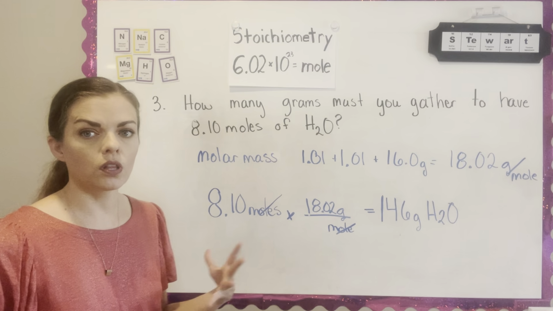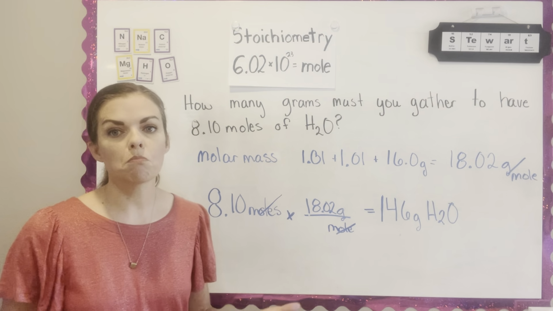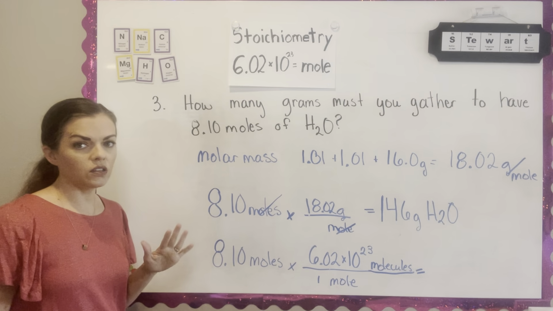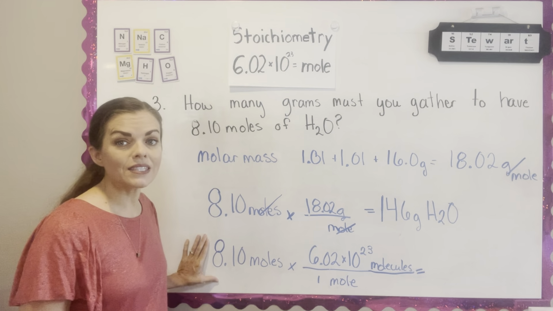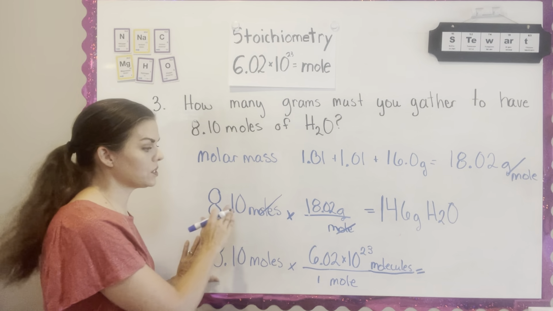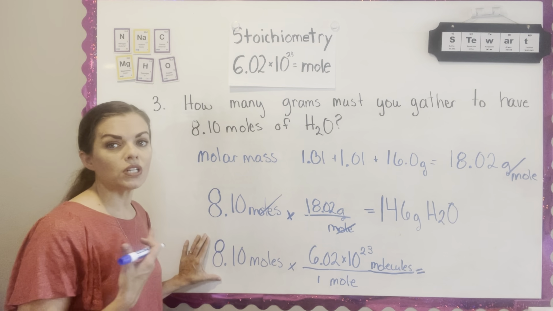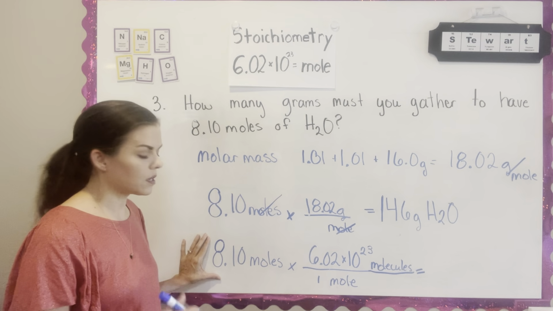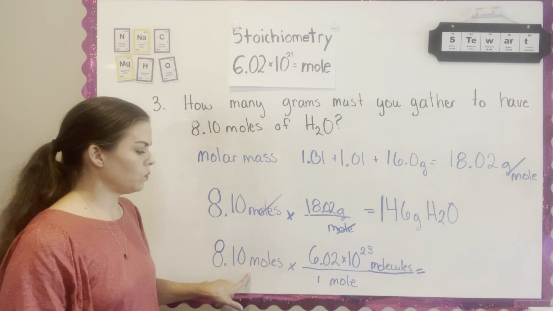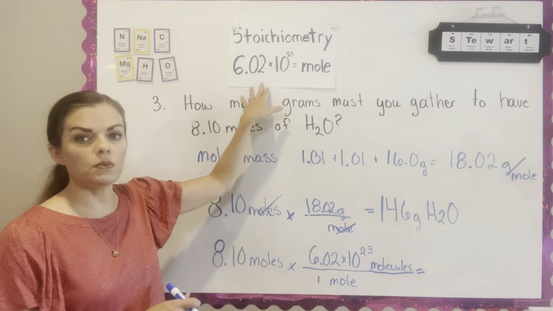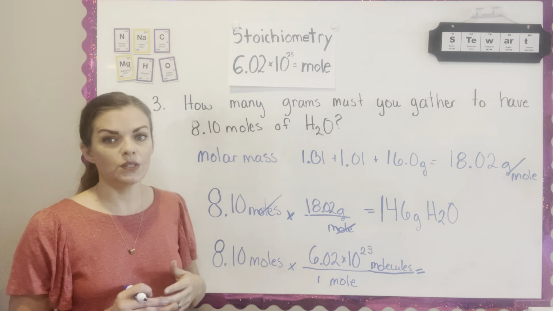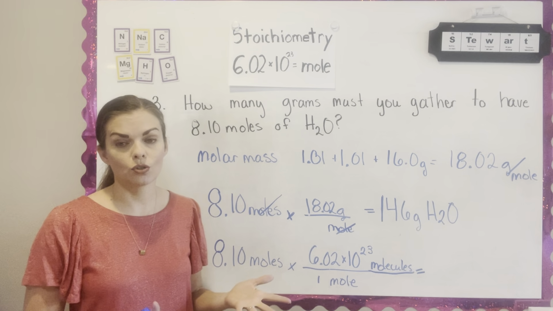So the next part of the question is asking me how many molecules I have. So to calculate how many molecules I have, down here, I'm going to write this problem in the same method that I wrote the first step. The reason I'm doing that is I want you to get very familiar with what this looks like. So I'm starting with 8.10 moles. And if I'm going from moles to molecules, I'm going to be using this number here of 6.02 times 10 to the 23rd.